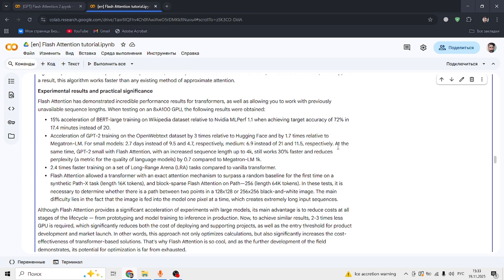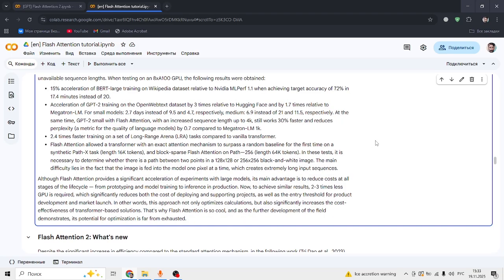It took less than 3 days to train GPT-2 small instead of almost 10 days. And for GPT-2 medium, it took 7 days instead of 21. So this is amazing. So in practice, that means that we can use fewer GPUs to get the same results.